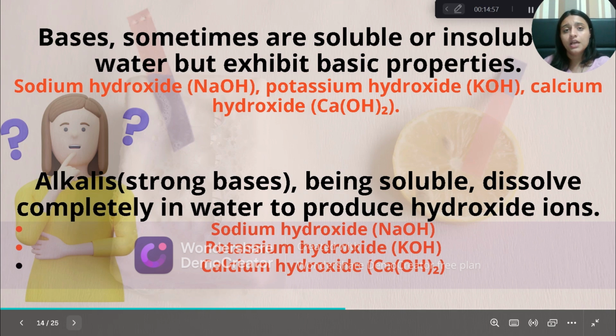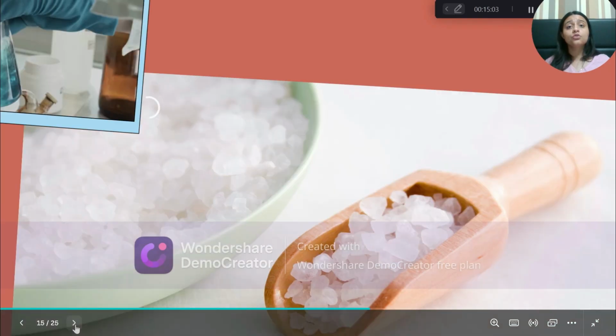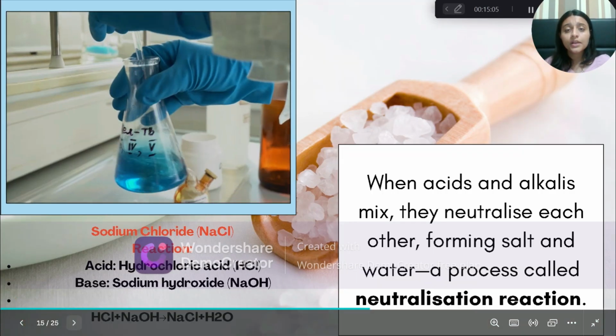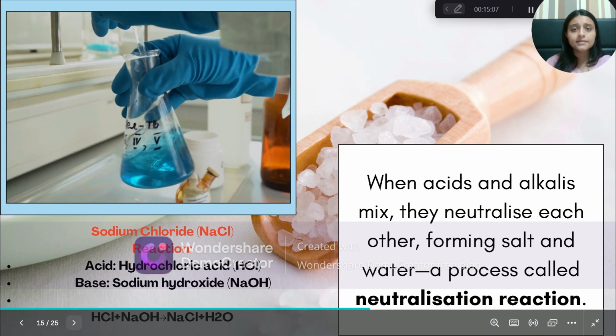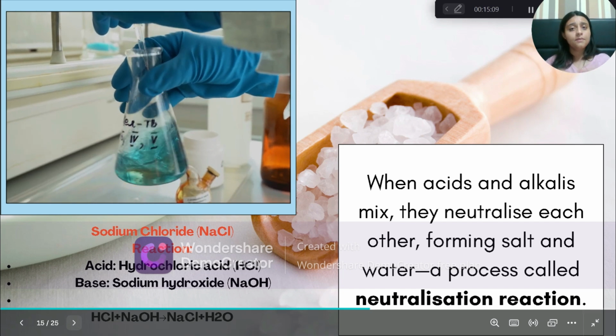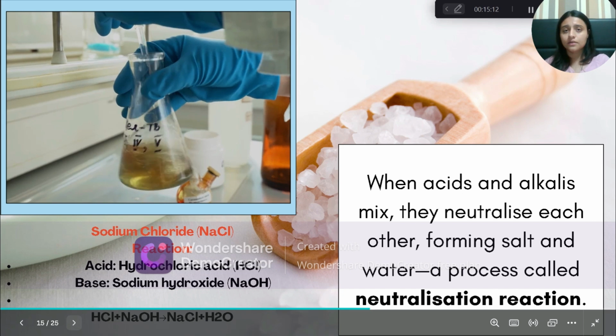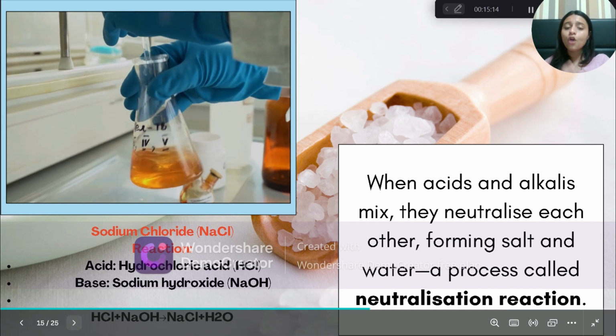These salts are the result of neutralization reactions. What do these neutralization reactions do? When acids and alkalis or bases mix up, they neutralize each other, they balance out each other, forming salt and water. This process is known as a neutralization reaction.